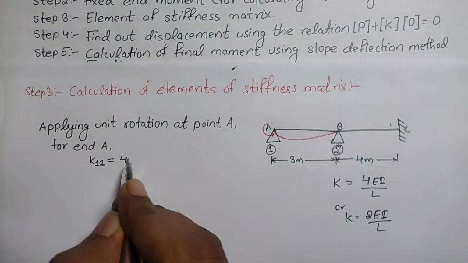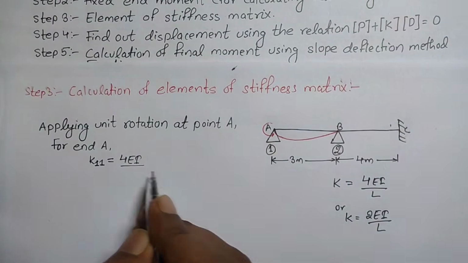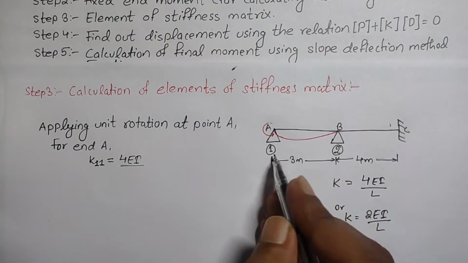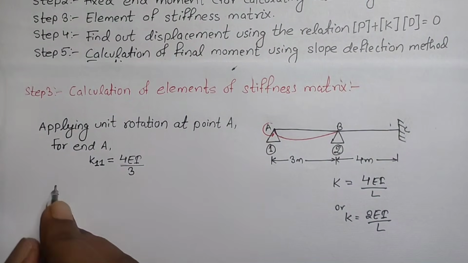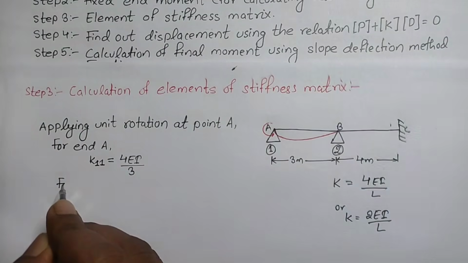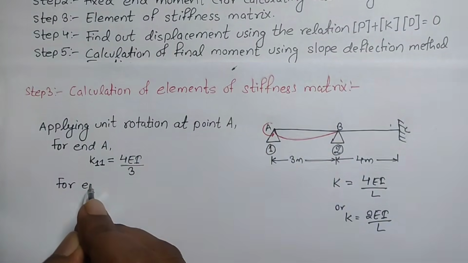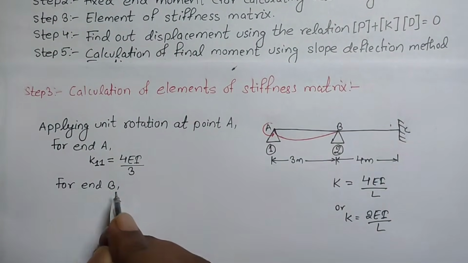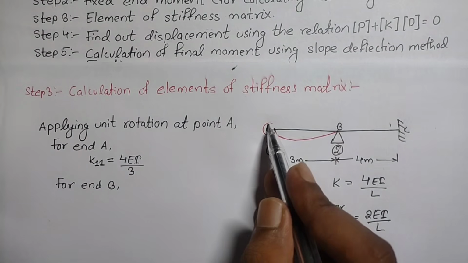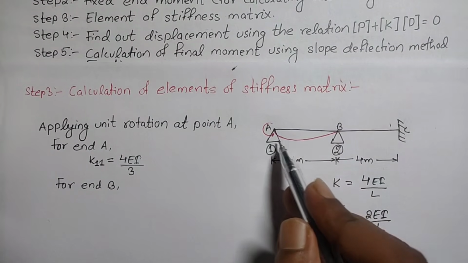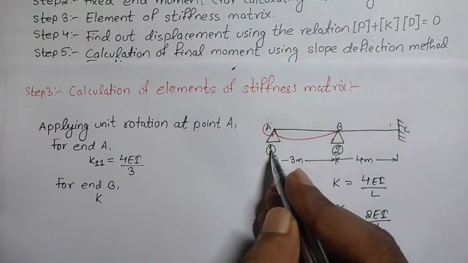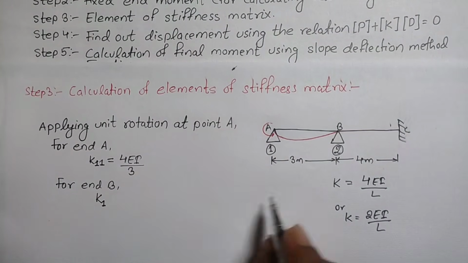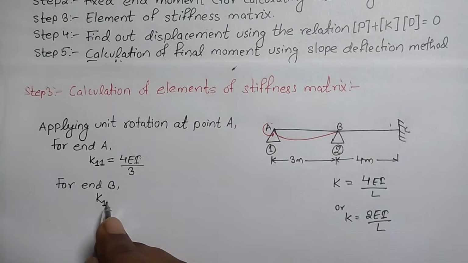K11 equals 4 EI upon L, and the span up to B is 3 meter, so divide this by 3. Now guys, again for end B, we are applying the unit rotation at the same point A, but this time we are considering point B. We are applying the unit rotation at point A, so K1, and point B is denoted by 2, so K12.